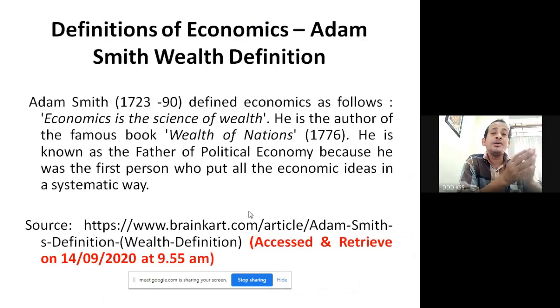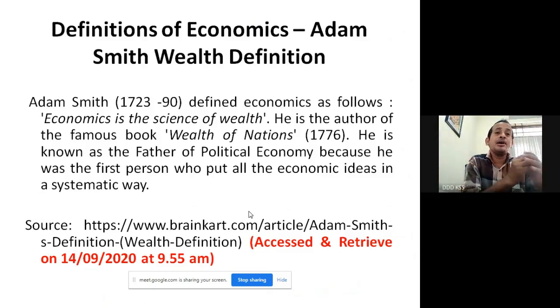And he recommended that economics is basically the science of wealth. According to him, wealth does not mean money or riches. It means economic goods or scarce goods.